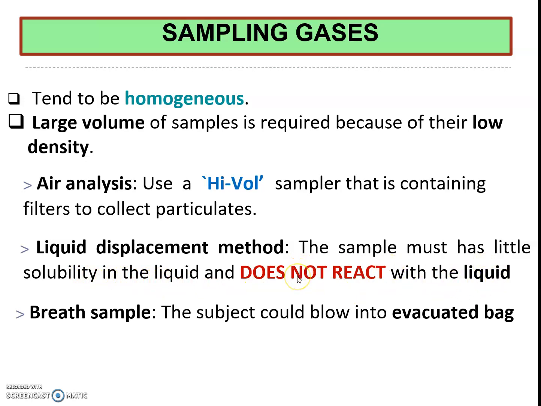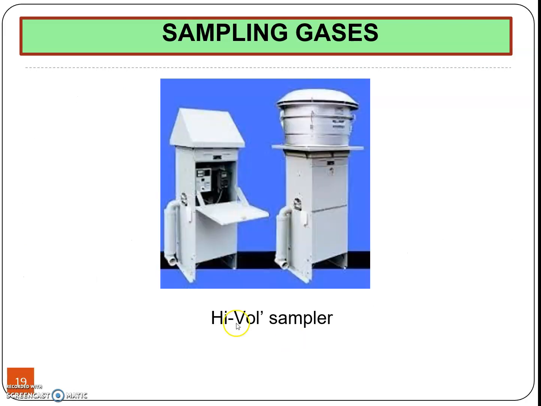So kita boleh ambil lah sampel gas tu, right? And then bersample, the subject could blow into evacuated bag. Kalau yang untuk alkohol, dia terus ada alat lah untuk take that sample.